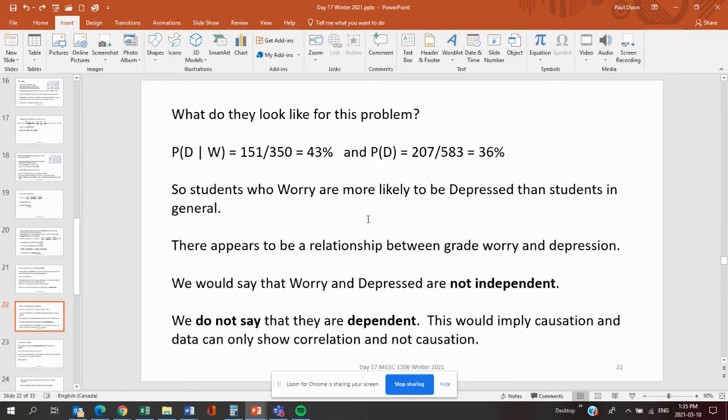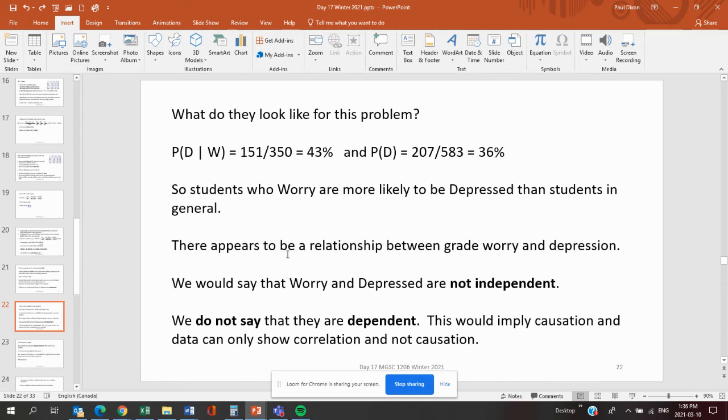So students who worry seem to be more likely to be depressed than students in general. We'd say there appears to be a relationship between the two, between worrying about grades and depression. We would say that these two events are not independent.